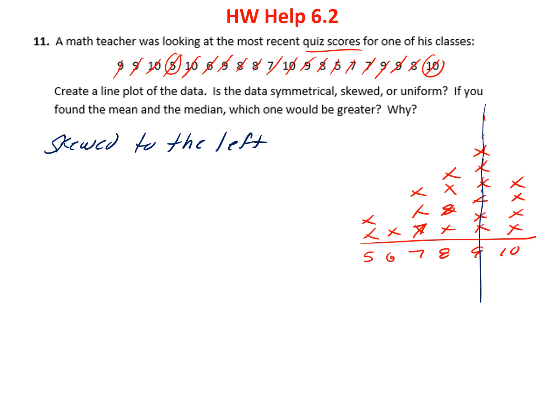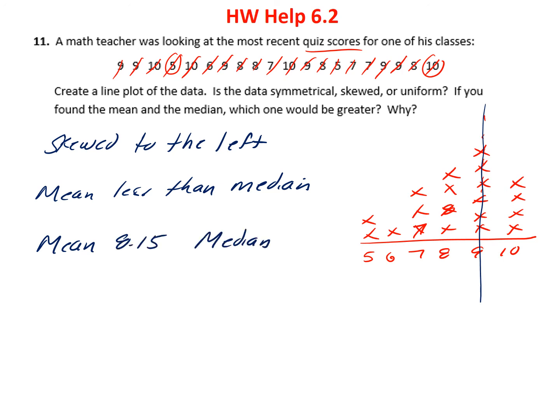Because it's skewed to the left, I would expect that my mean would be less than the median. If we figure this out, and you don't have to do this for the problem, the mean was 8.15, whereas the median here is going to be 8.5.